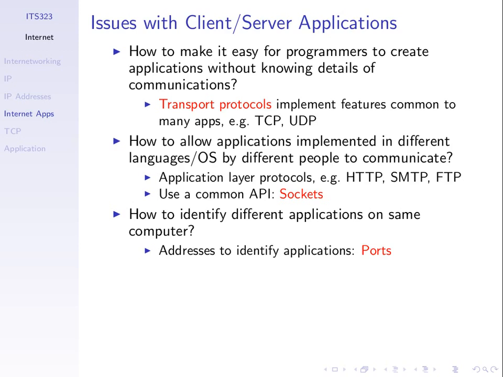What's an API? Application programming interface, some standard definition of how to call functions or use objects, methods, such that when you write an application using, let's say, C on my Linux computer and compile it, it will communicate with a Java application running on Windows somewhere.